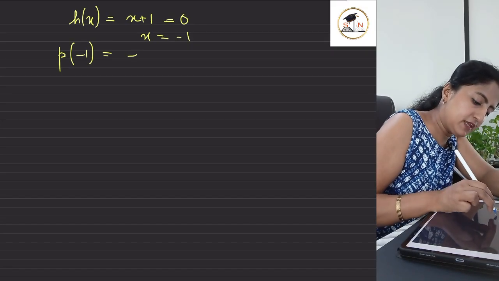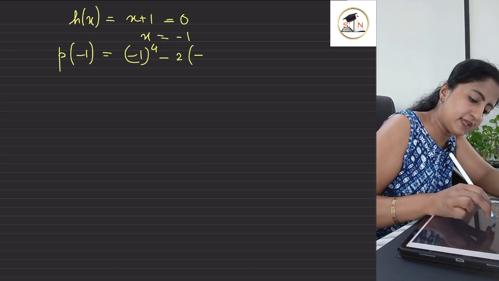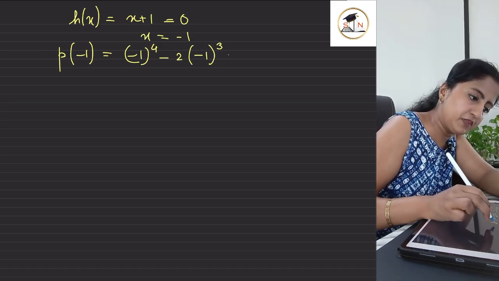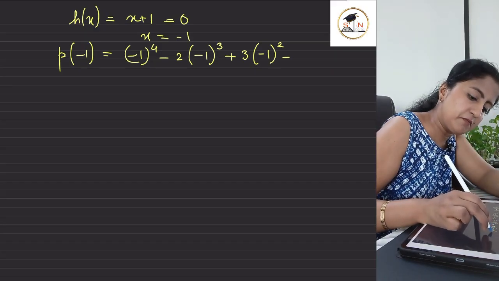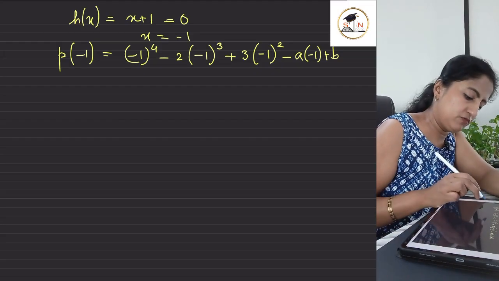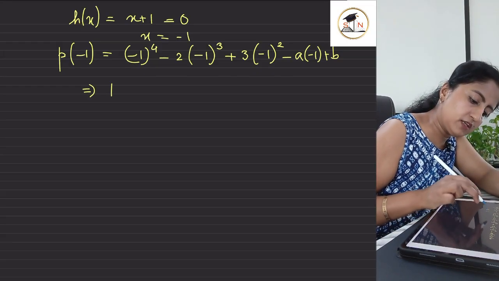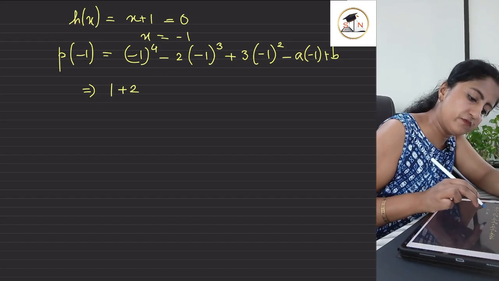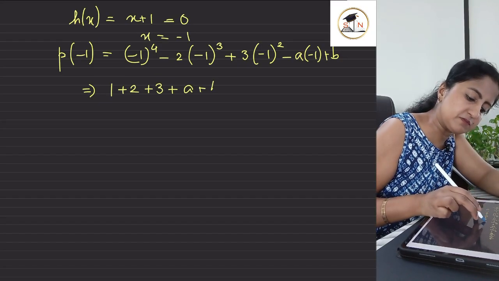That becomes negative 1 to the power 4 minus 2 times negative 1 to the power cube plus 3 times negative 1 square minus a times negative 1 plus b. We will simplify that and it comes out to be 1 plus 2 plus 3 plus a plus b.